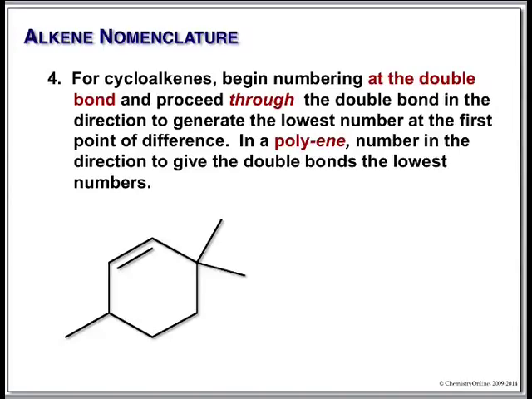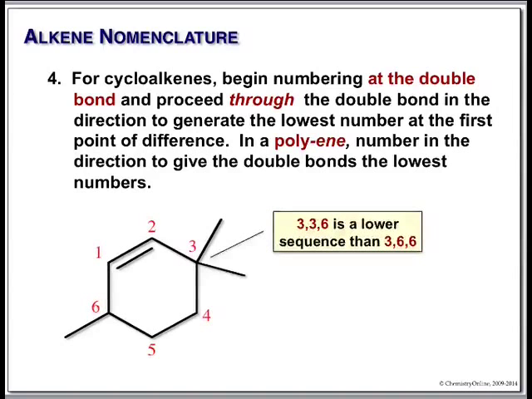If we started this way, we would have 1, 3, 6, 6. If we went this way, we would have 1, 3, 3, 6. 2 3s is better than only 1. Therefore, we're going to number it clockwise, 3, 3, 6, as opposed to 3, 6, 6.